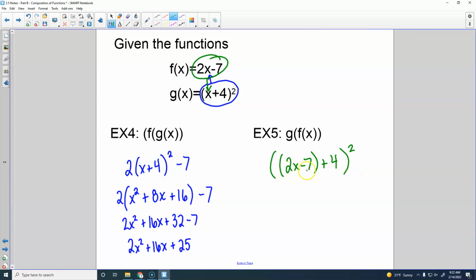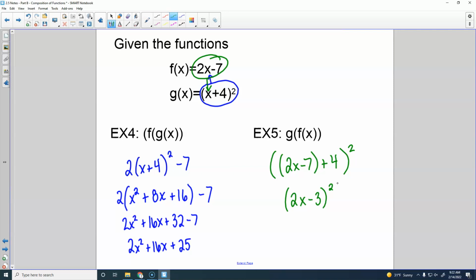I put parentheses around this because you always should, but there's no number in front of it to distribute. So you can really just combine the negative 7 and 4, and you get 2x minus 3 squared.